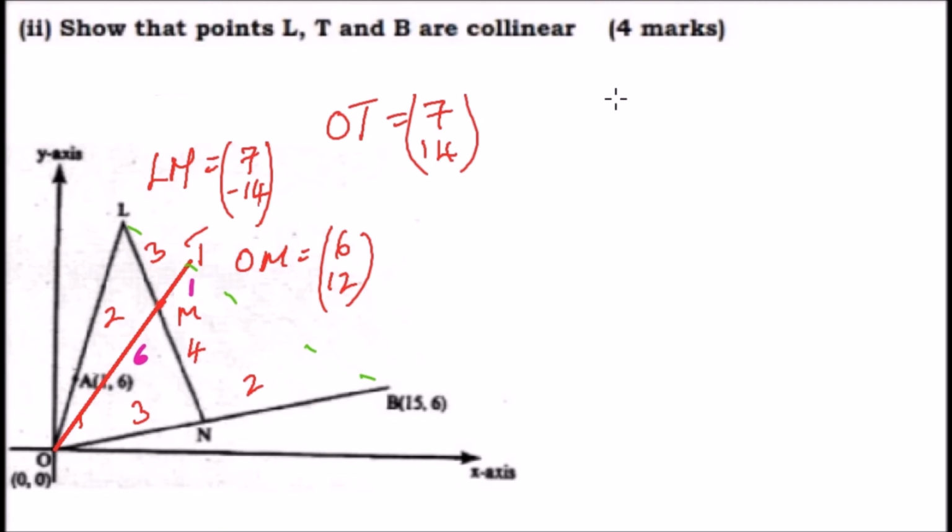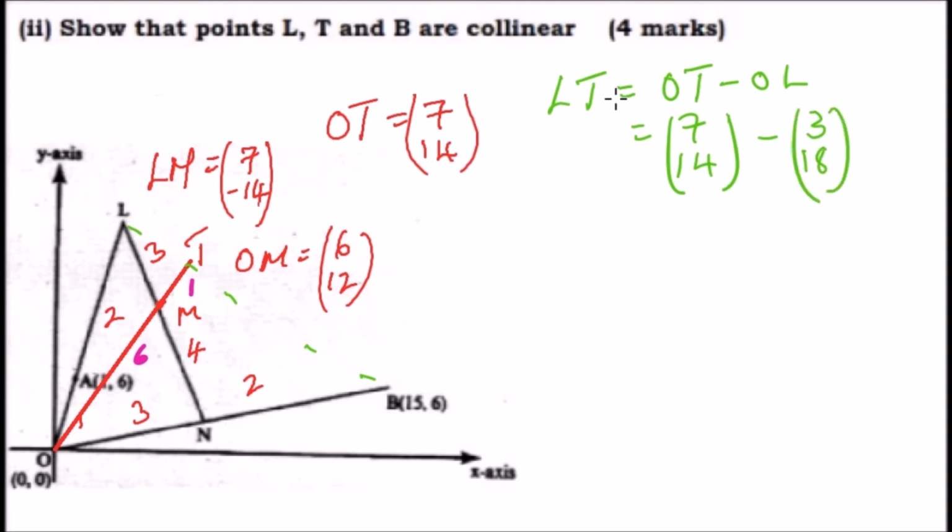So we can start by saying LT is equal to OT minus OL, where we know OT we found it is (7, 14), and we minus our OL, which is 3OA, which is (3, 18), and we will be able to get 7 minus 3 is 4, and 14 minus 18 should give us minus 4.